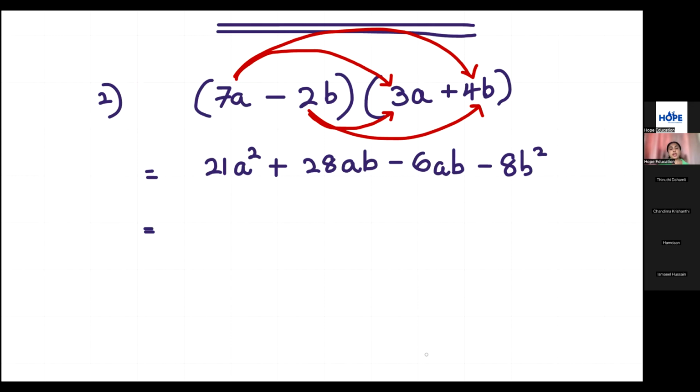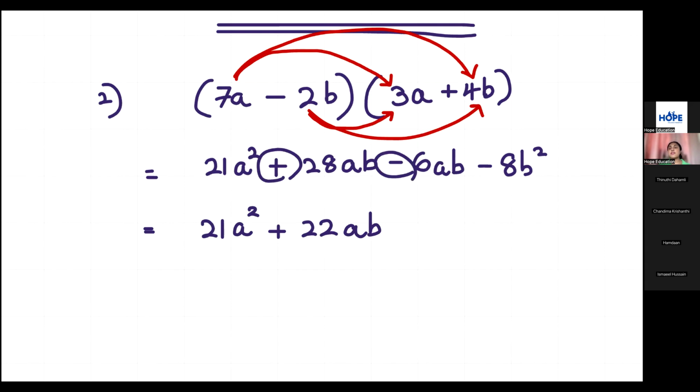Okay. So A squared, this is the only one, so I write that term 21A squared. A, B, there are two of them: 28AB and minus 6AB. So 28 minus 6 is 22. So I will write this as 22AB. When you are subtracting different signs, this one has plus and this one has minus.